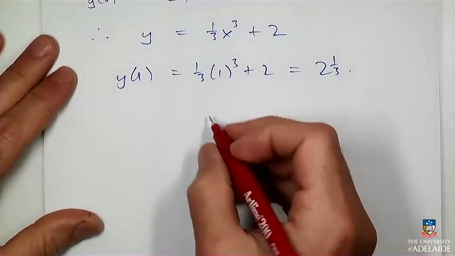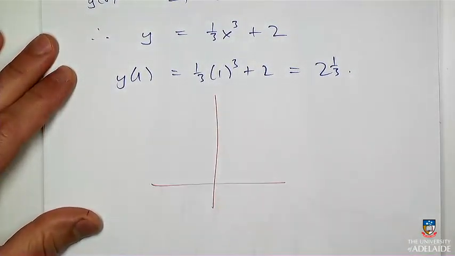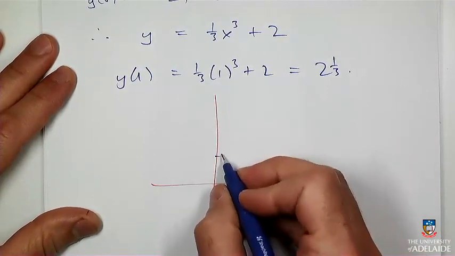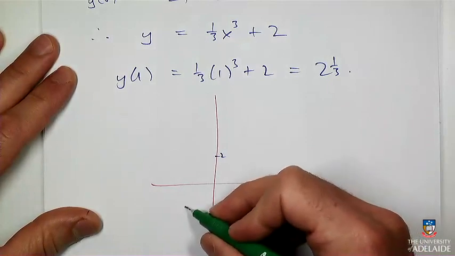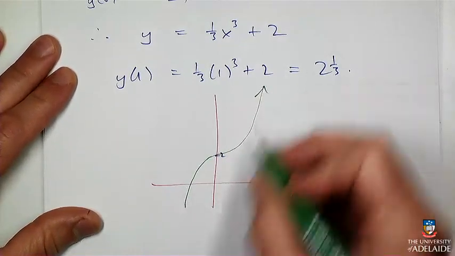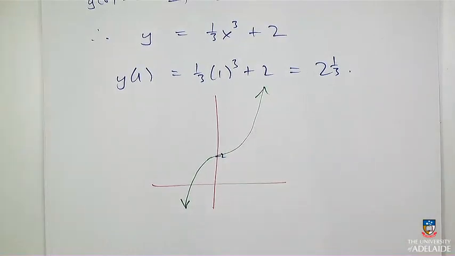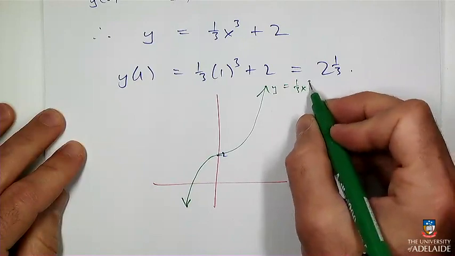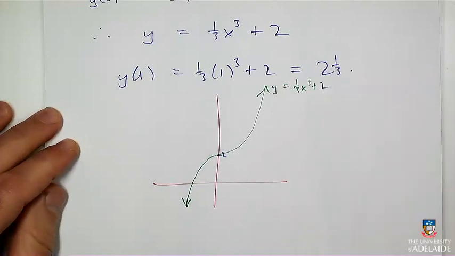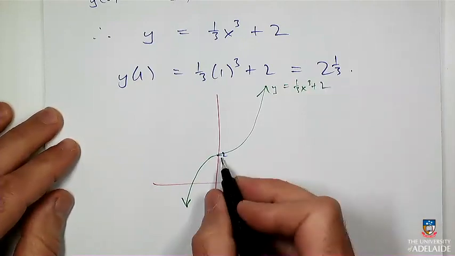Let's have a look. So the solution here looks like this, right? Here's 2. A third x cubed looks roughly like this, right? That's the actual solution to this DE, a third x cubed plus 2. Okay, and what did we do, right?